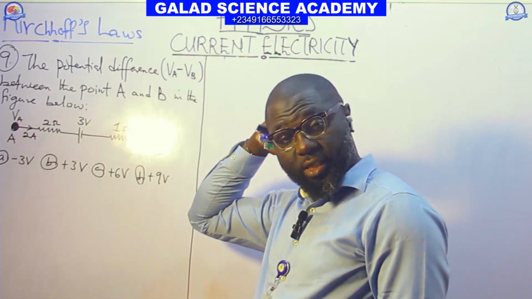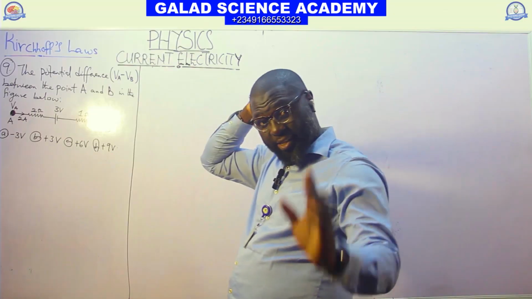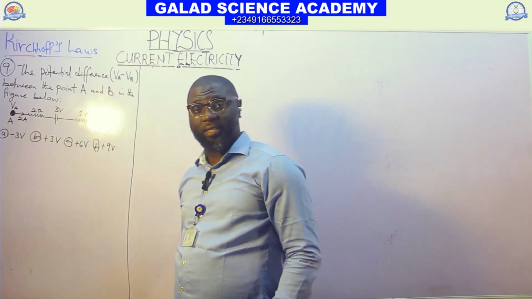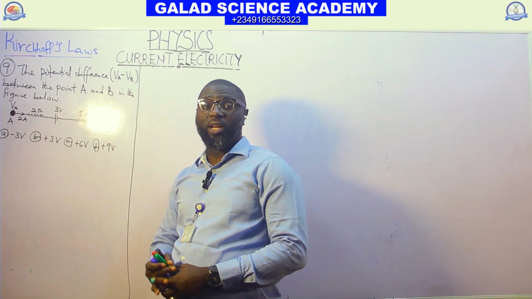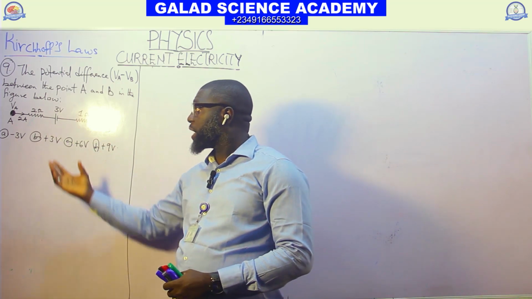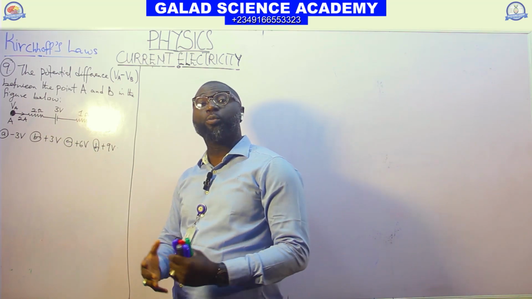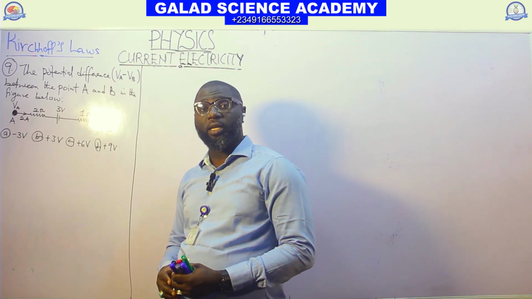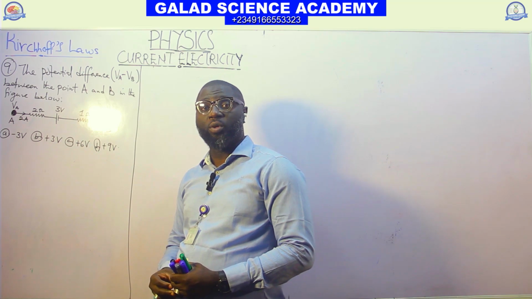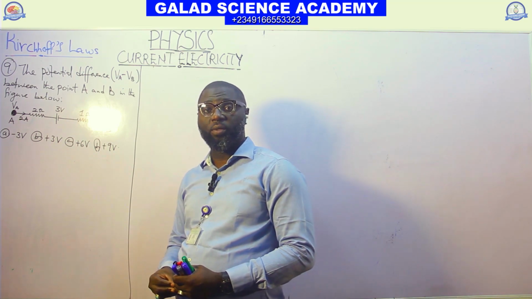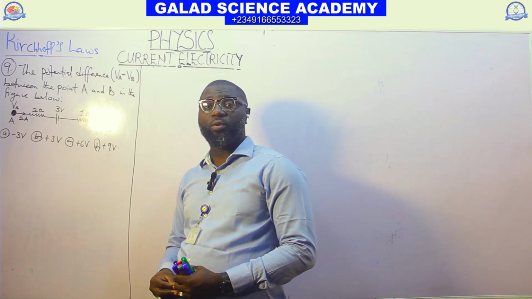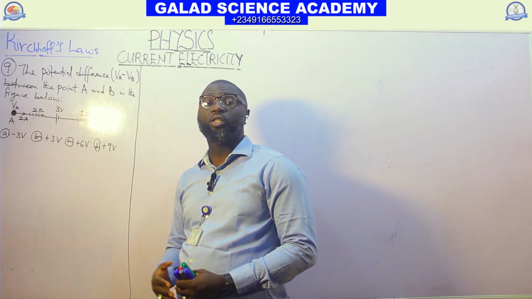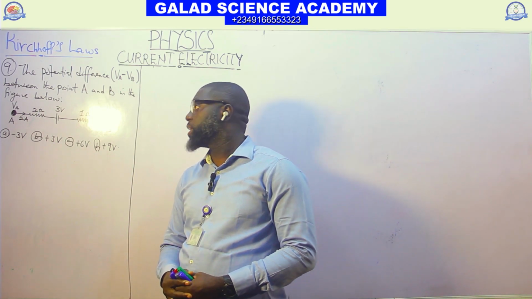Let us look at this example 9. It differs from others, 100% different. This kind of question is very common in multiple choice questions like JAMB exam, CTME exam, 100 level, and JUPEB exam.